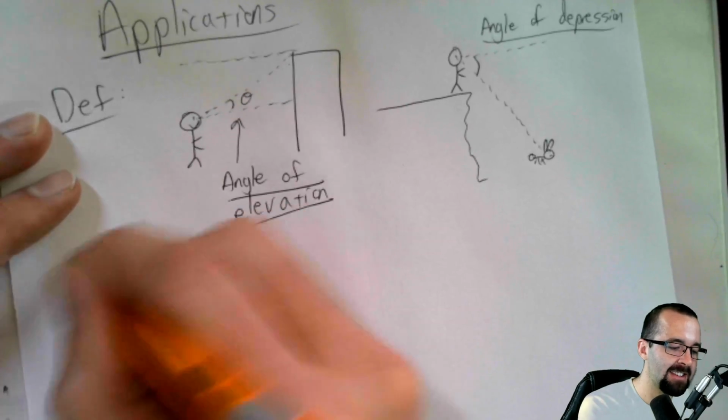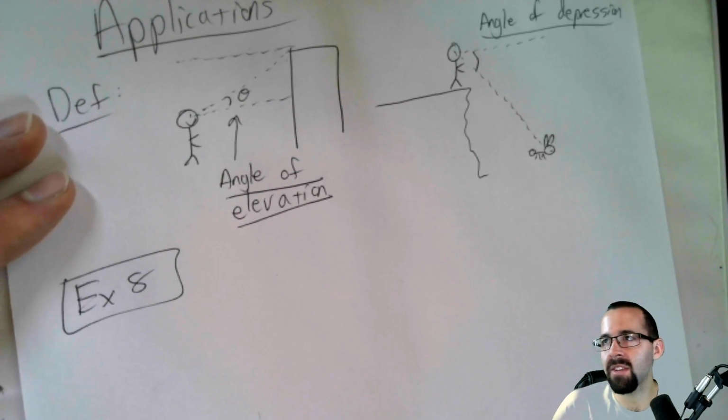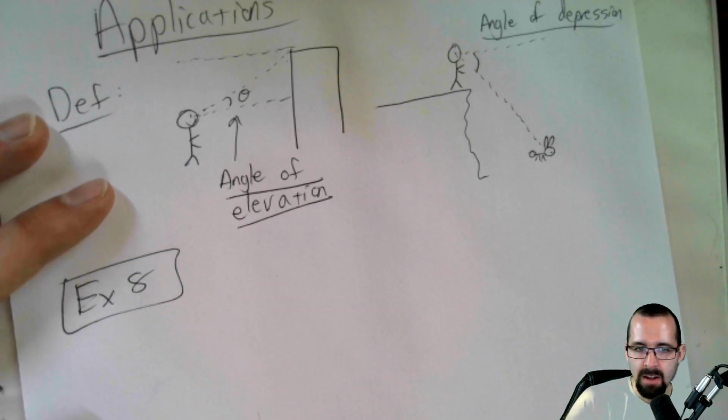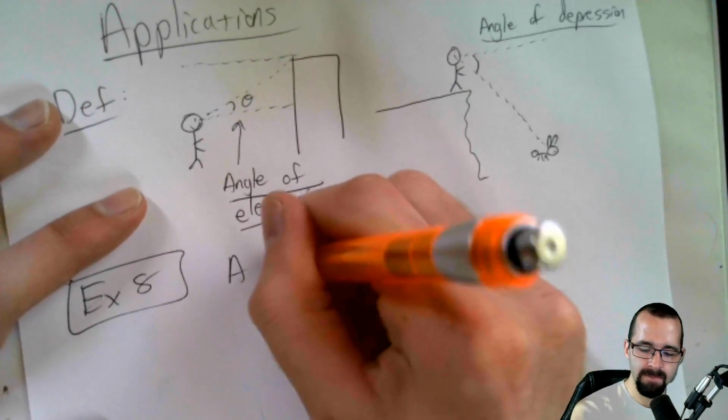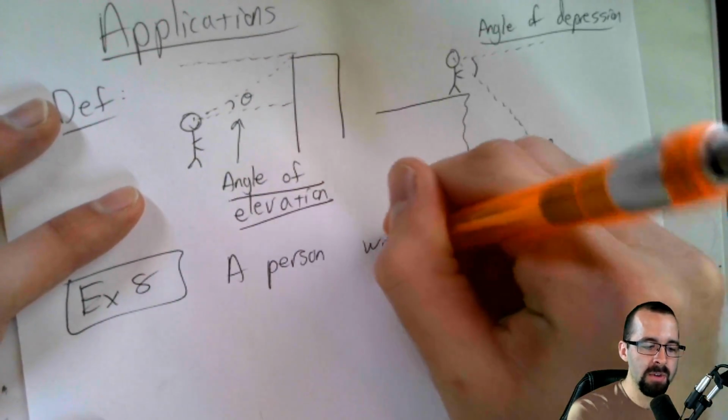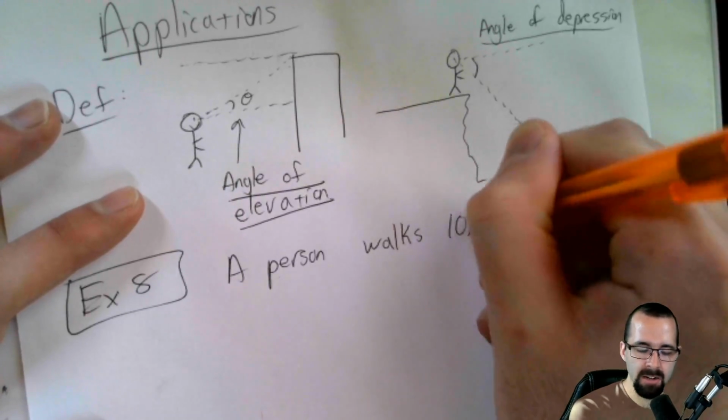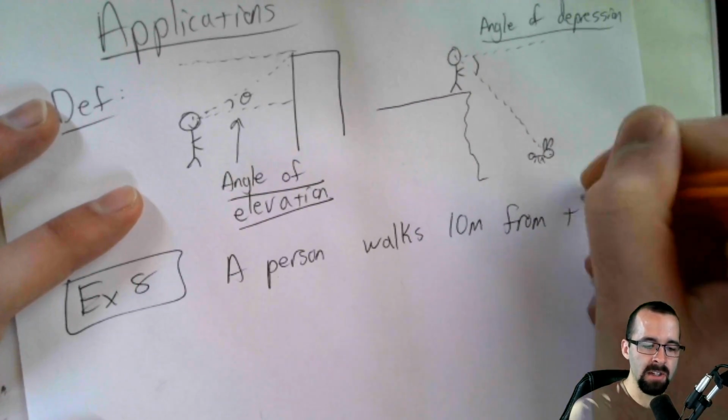We're on example 8. We got 2 application problems. Again, short video today. We got a person, and what they're doing is they're walking 10 meters from the base of a tree.